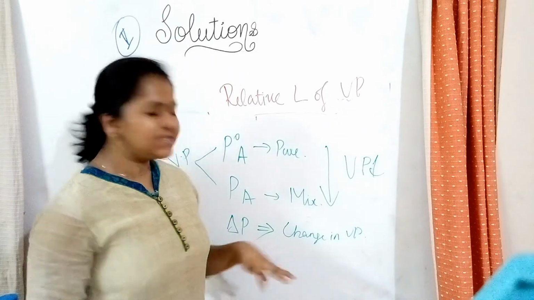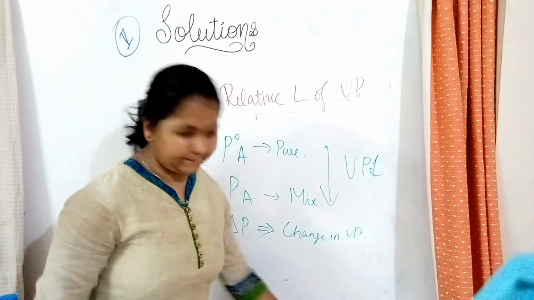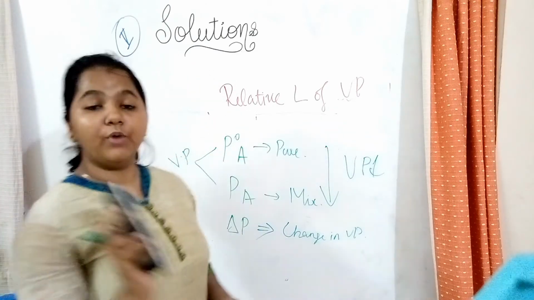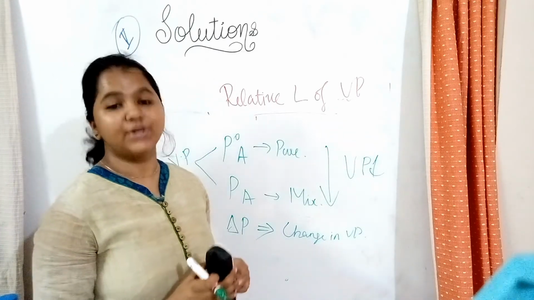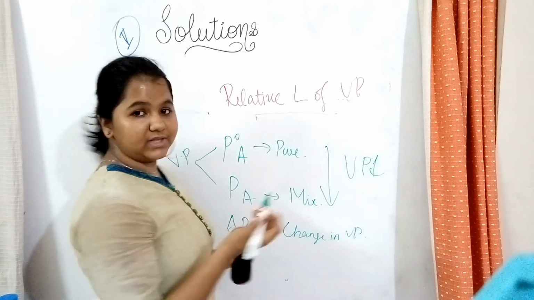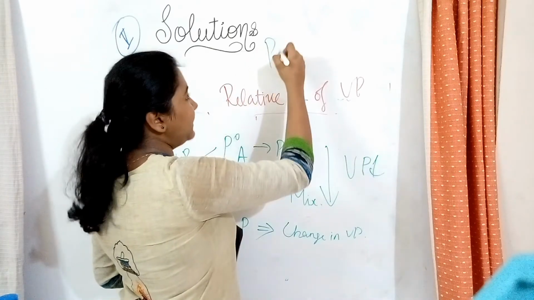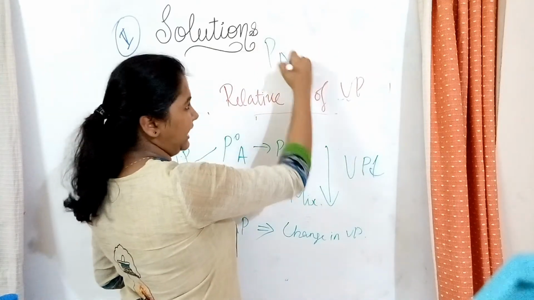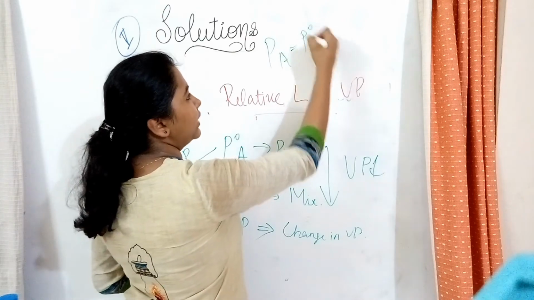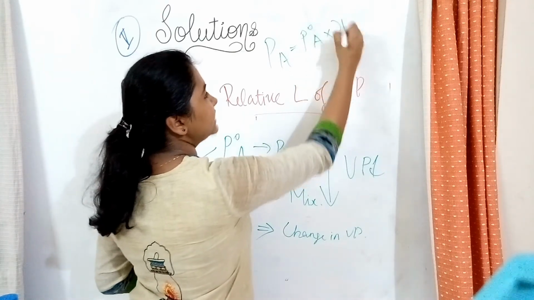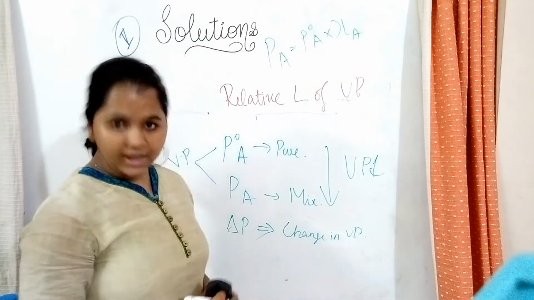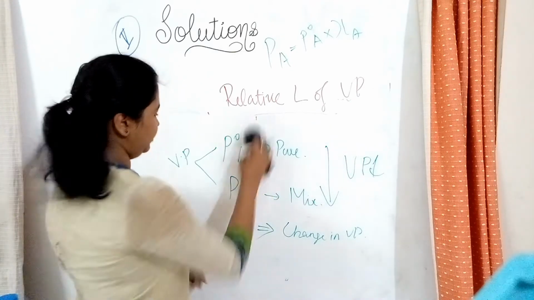Now let's work out what delta P is. By the way, have we learned something known as Raoult's law? So what is the equation that we got? We know PA is equal to P0A into chi A. Am I right? So let's see the equation.